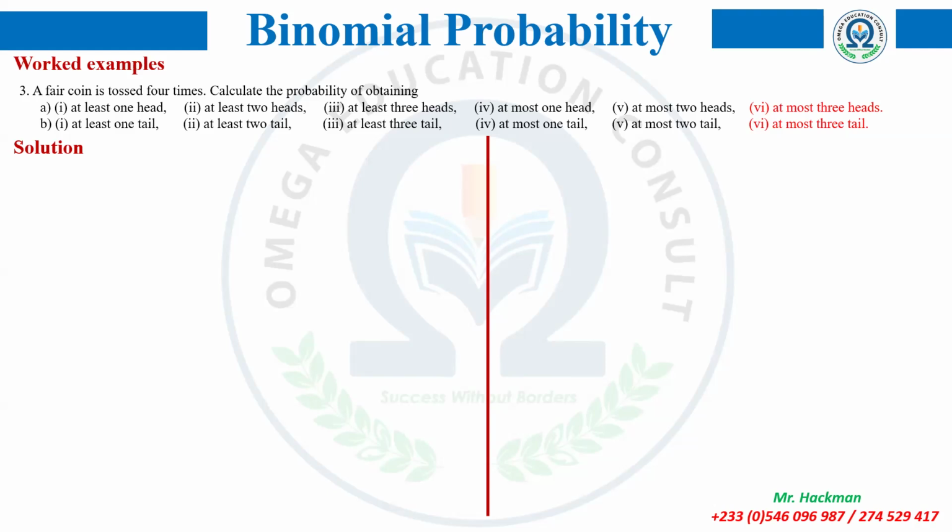Quickly, before we come to the questions themselves, let's look at the statements that we have here, the at least and the at most, so that when I start, my point will be well made.